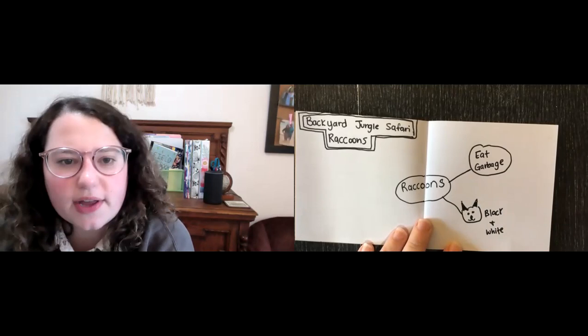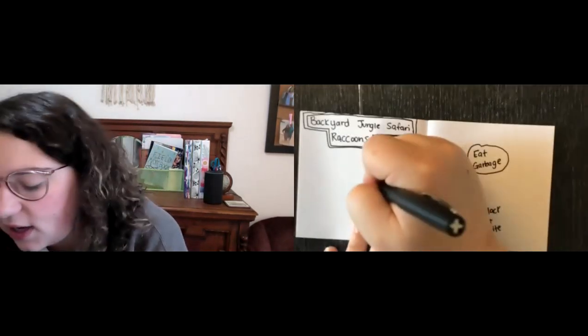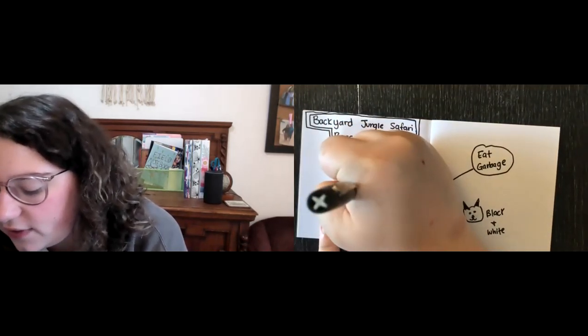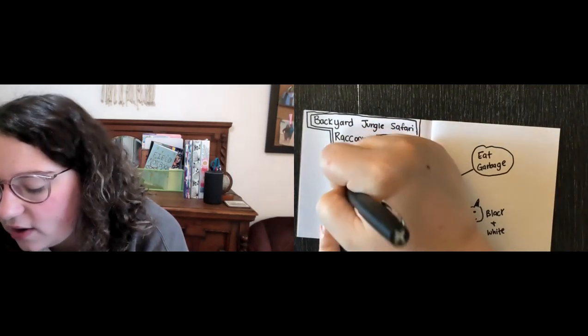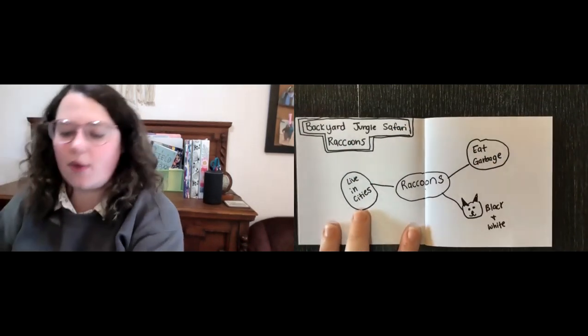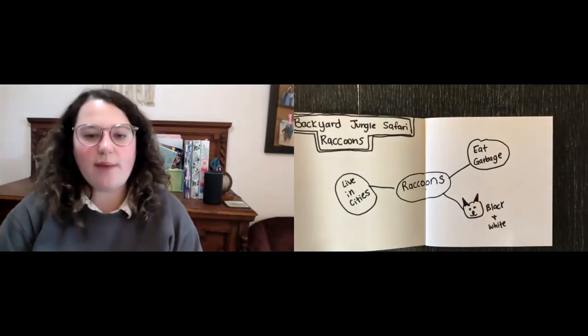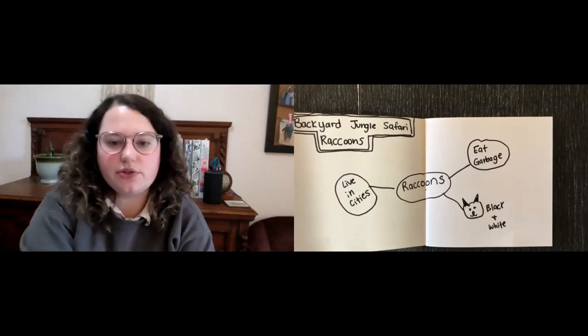And also from our book yesterday, who remembers that they live in the city? Remember our book was Baby Animals in the City? So I know that they live in cities. So I'm going to put that as something else on my web. So go ahead and pause the video and take a second to add to your web if you can think of anything else that you already know about raccoons.